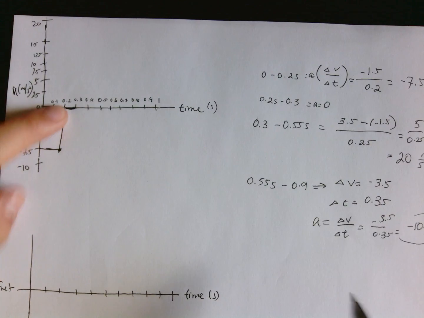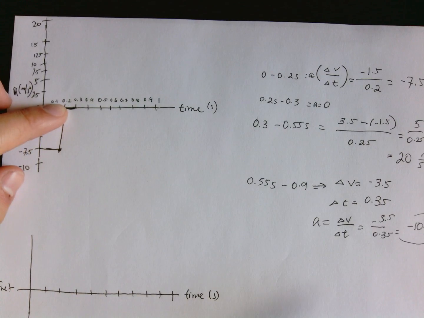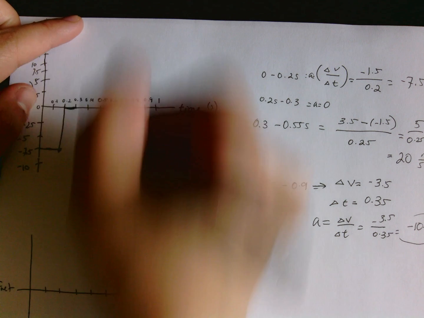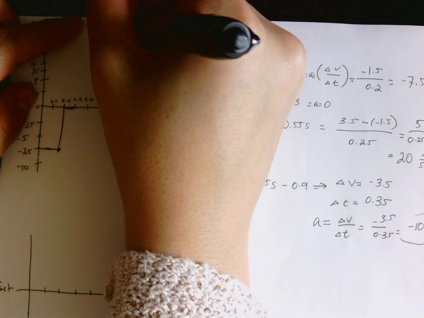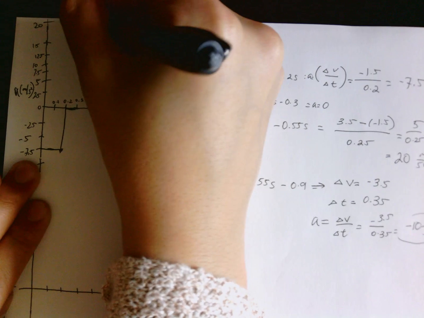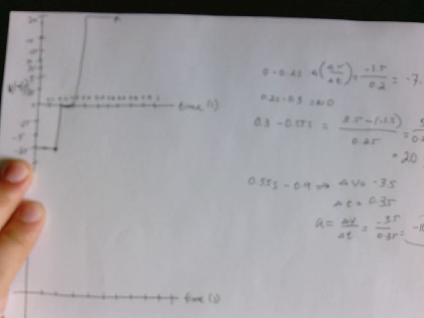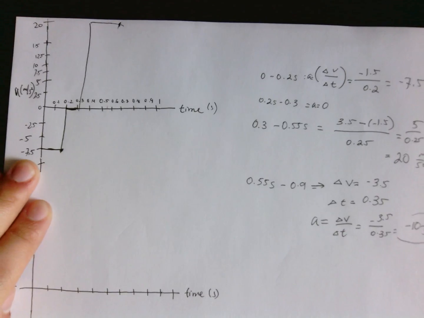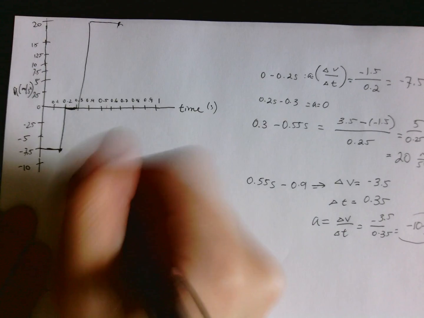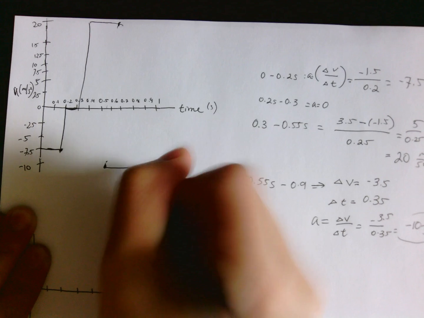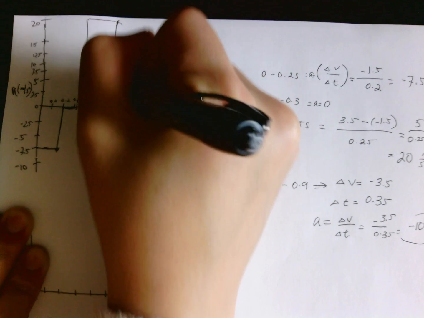And then at 0.3, we go to 20 meters per second squared until 0.55 seconds. So that's up here. And then at 0.55, we come back down to negative 10, and we continue all the way to 0.9.